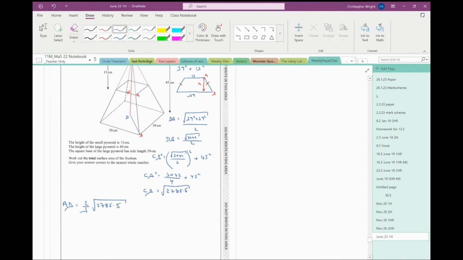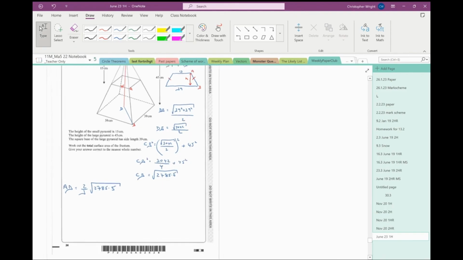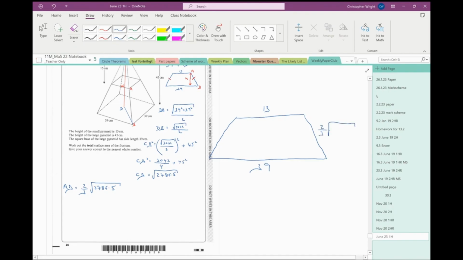Let's get back to my diagram here and see how that helps me. So I had a trapezium. Let's draw it a bit larger. There we go. It's 13 along the top, 39 along the bottom, and I know this length here, the sloped height, is 2/3 square root 2785.5.